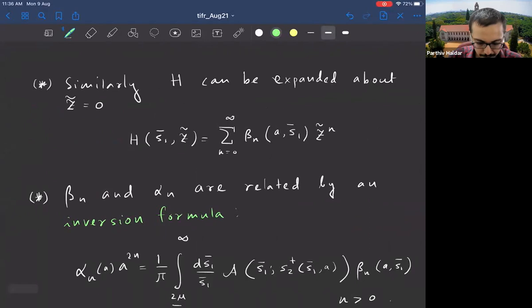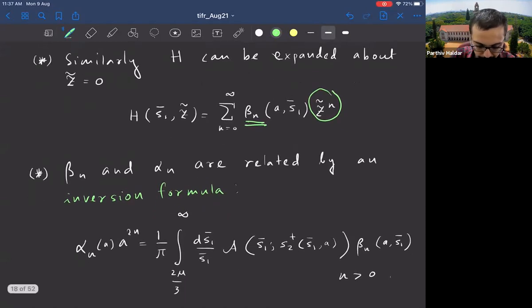Similarly, the kernel can also be expanded because the kernel is fully crossing symmetric. So that can also be expanded as a power series in this Z tilde or Z cube. These coefficients are beta n. Of course, you can explicitly work out beta n, which is a long expression.